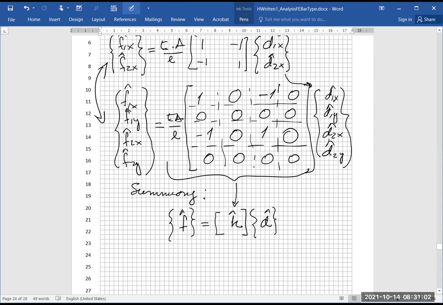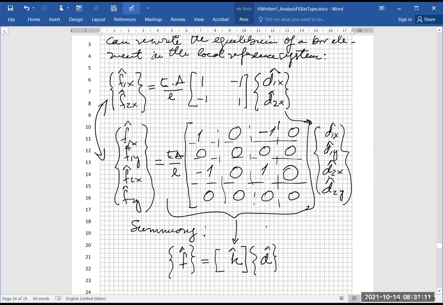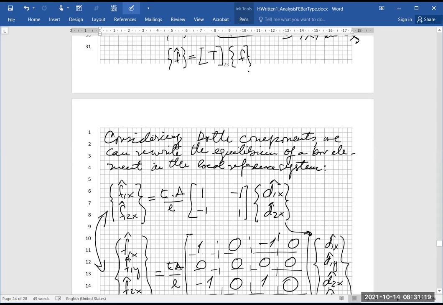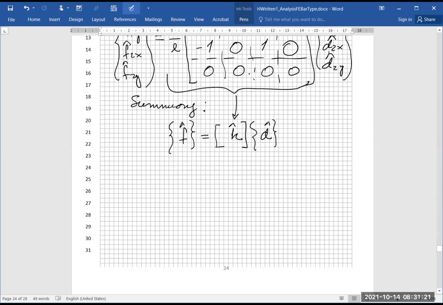Now we're ready. This vector here is in the local reference system. This vector here is also in the local reference system. But we have obtained expressions to transform those vectors from the local to the global reference system. So this is what we're going to do.